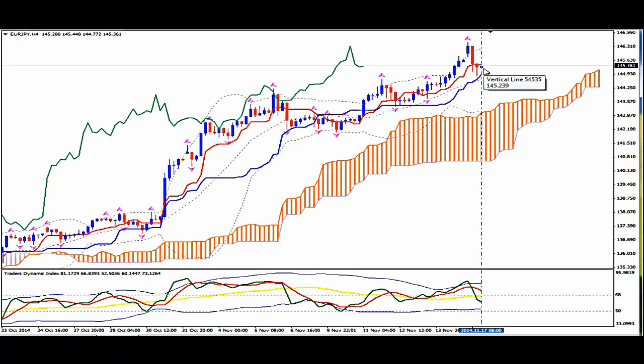So wait after this candlestick to make sure it is bearish, and then you can enter short, placing your take profit target a few pips above the lower Bollinger Band on the H4, and your stop loss a few pips above the up fractal here, the 146.50 price level.